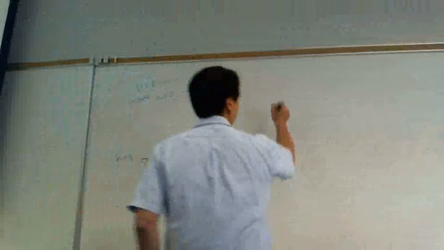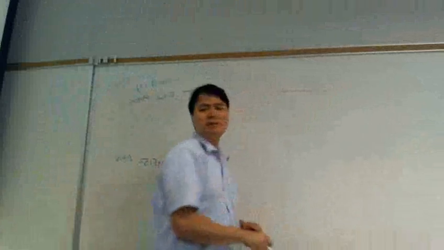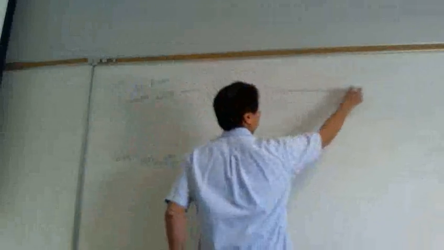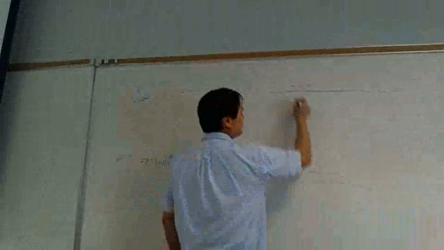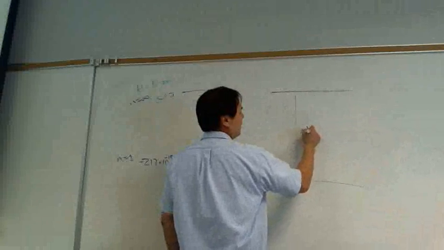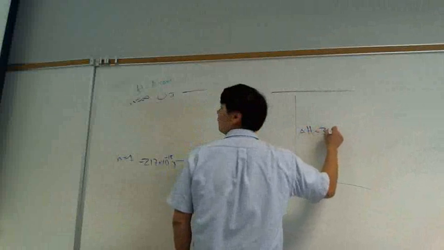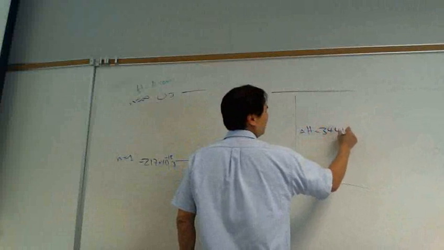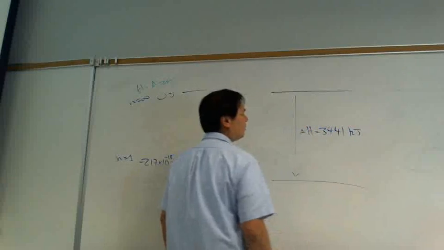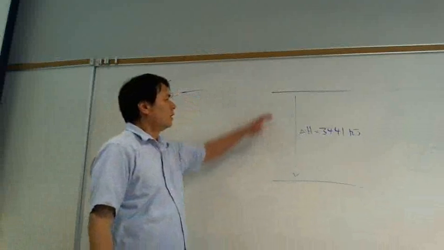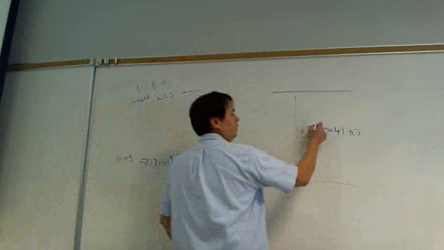Yeah, so it's a big drop, and so we know we're going to see a big drop in energy. We must be pretty high, and then we must be going pretty low. Delta H here is minus 3441 kilojoules per mole.